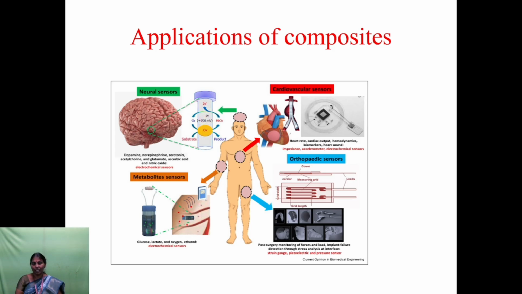So these are the various sensors used inside the body to measure automatically. Orthopedic sensors are also available. Orthopedic sensors are used for post-surgery monitoring of forces and load, and implant failure detection through stress analysis and interface, using strain gauge, piezoelectric and pressure sensors.